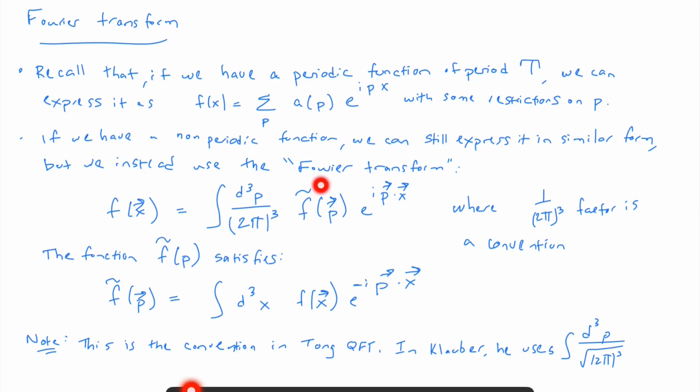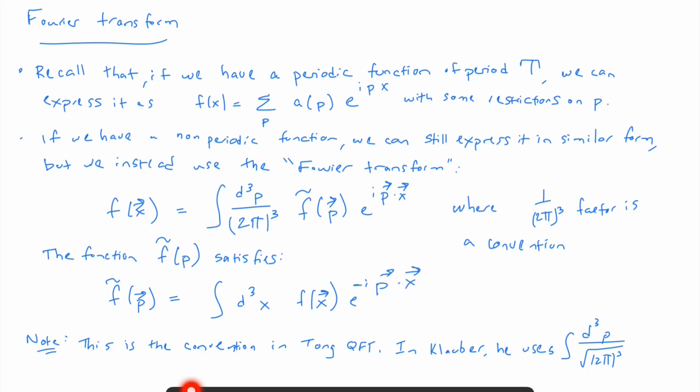More can be said. What exactly are these coefficients? Well, according to the theory of Fourier transforms, the Fourier transform f tilde of p satisfies this: you can find f of p by integrating the original function over all of space multiplied by e to the minus i p x. If you step back and look at this, one way to look at it is that you get this coefficient by plugging into this formula, which is well defined because f of x is already well defined.